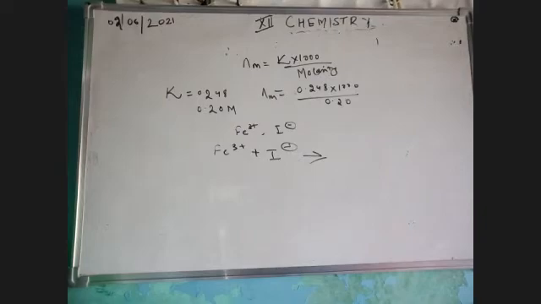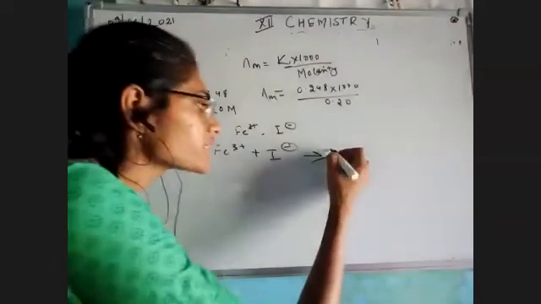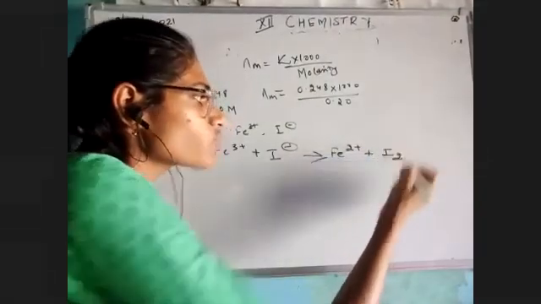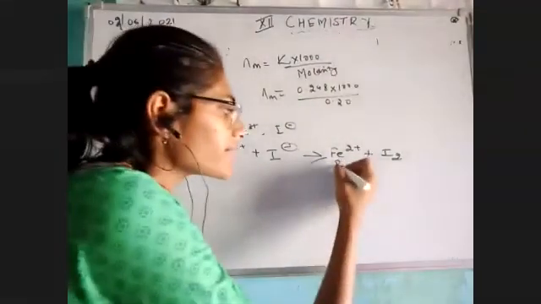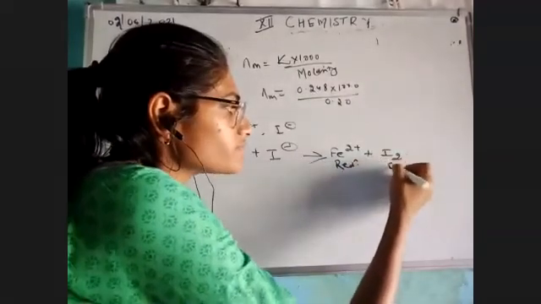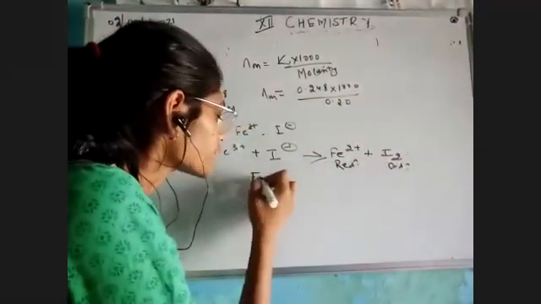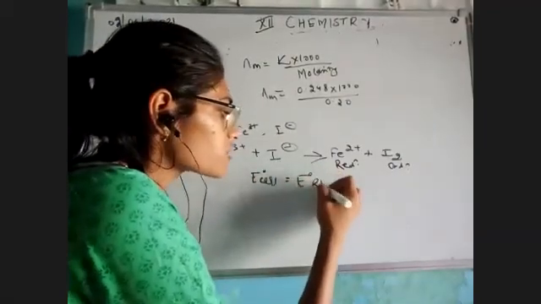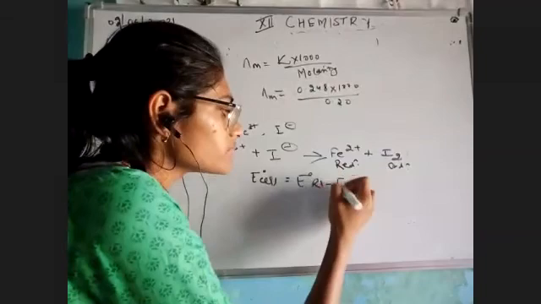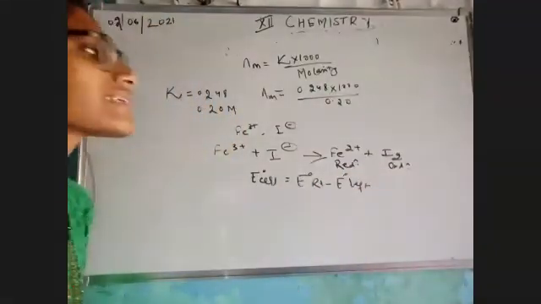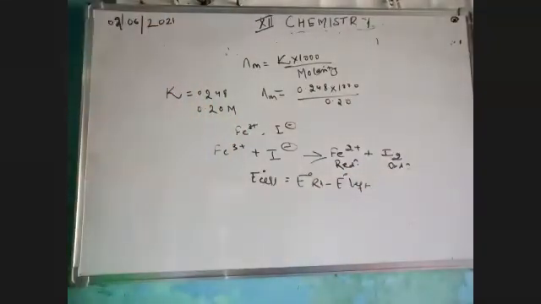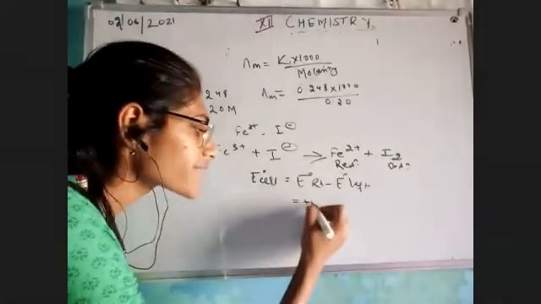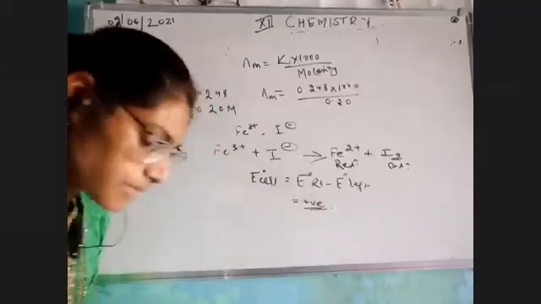Iron 3 positive is converting to iron 2 positive, that means it's accepting an electron, so that is reduction. And I negative is converting to I2, that means oxidation. We will calculate the E cell value, E naught right minus E naught left, and we can easily check the feasibility. If the value comes out positive, that means the reaction is feasible.